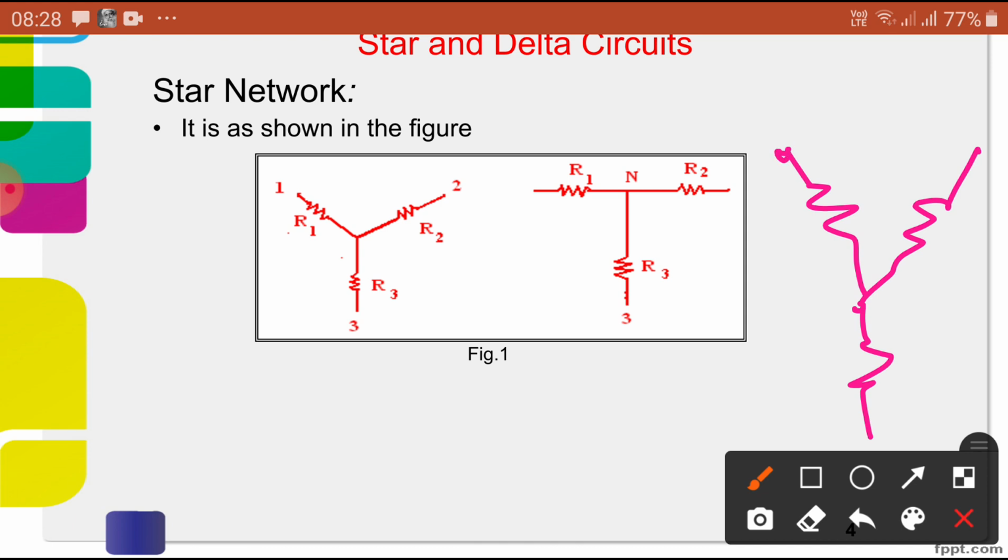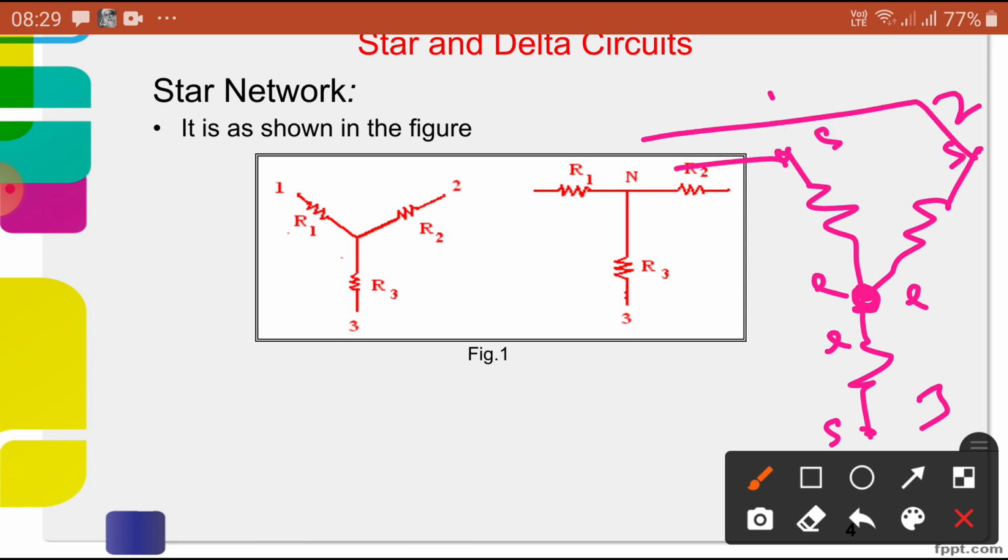This is the first terminal, second terminal, third terminal, each with a starting and an ending. All ends are connected to a common point, and then it is connected to the supply.